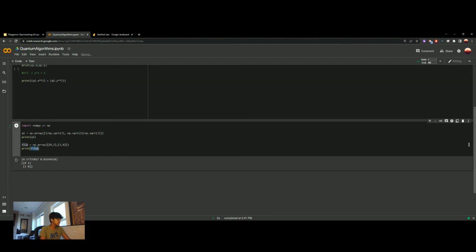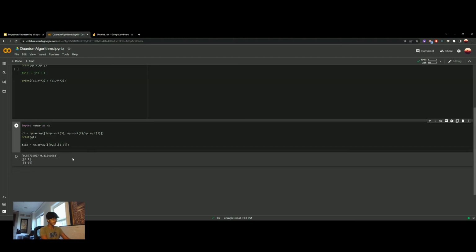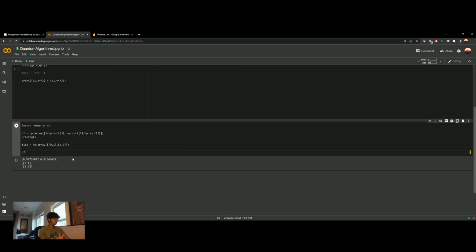Now what we're going to do is matmul it. We're going to use matmul to multiply both of these matrices, the flip by Q1. So we're going to have Q2 equal to np.matmul of flip and Q1. Let's write this down: matmul is matrix multiplication.